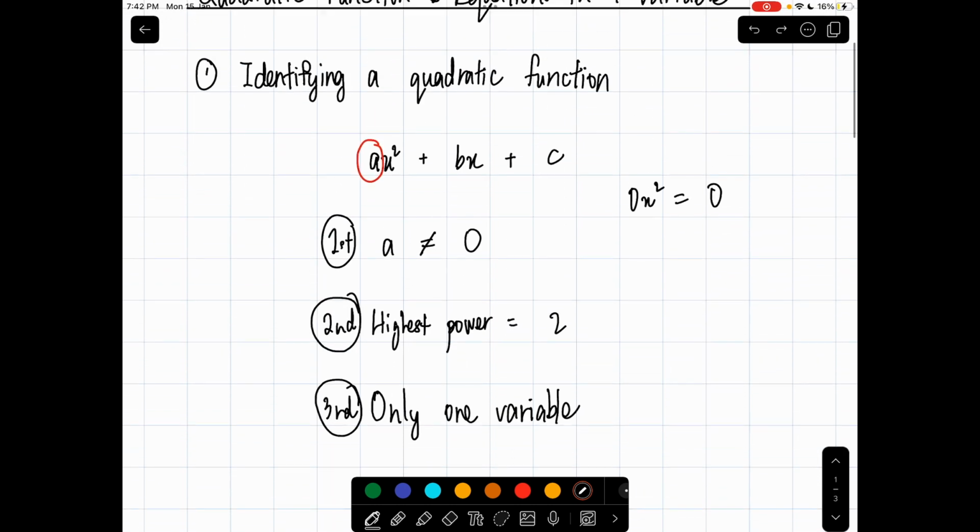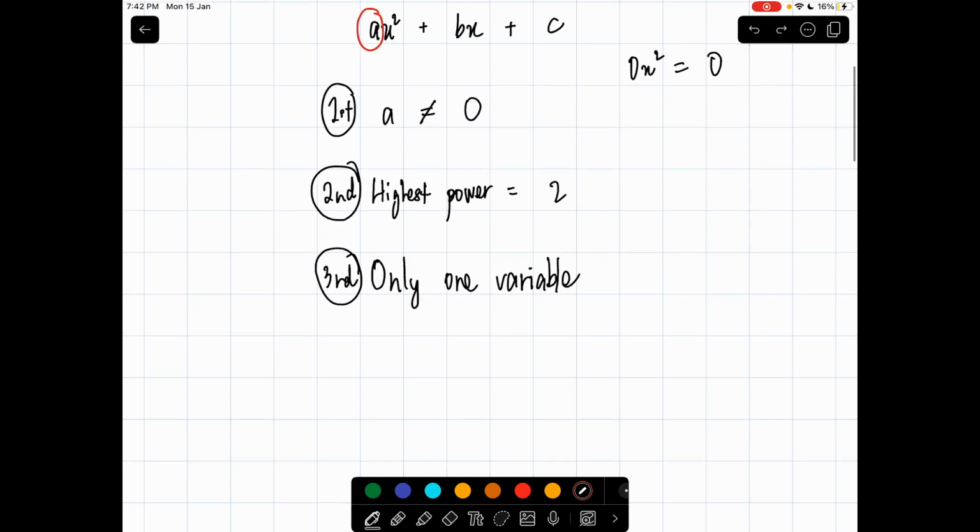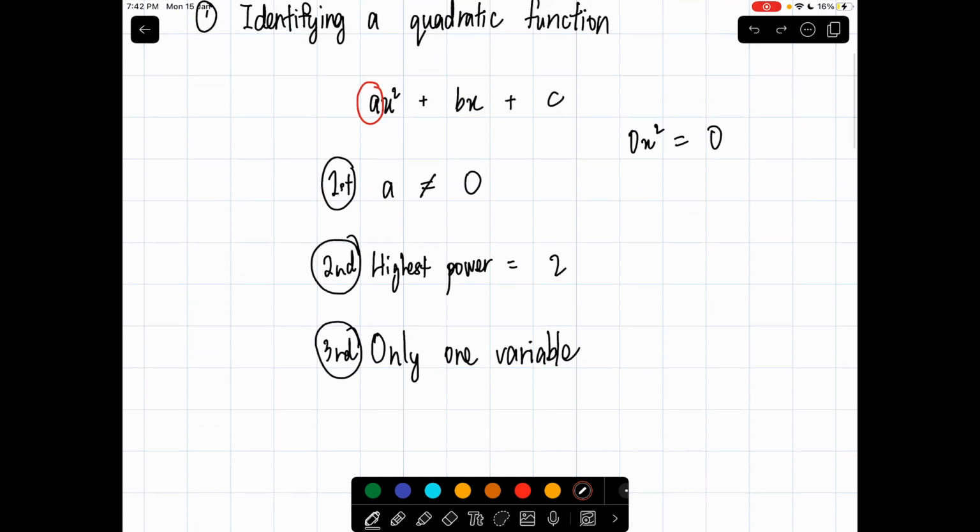So it makes sense that the expression or the function should have one variable. By one variable we mean x squared means it should have x, only x. It is not allowed for you to have x, y, and z in the same equation. If you're going to have x all the way, if you're going to have z all the way, if you're going to have y all the way, do not interchange.